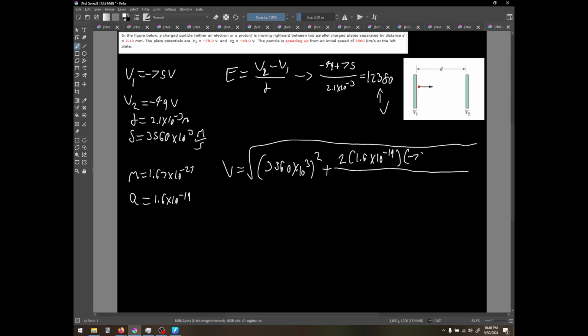Negative 75 plus 49 over 1.67 times 10 to the negative 27. Gosh dang, this thing is slow. But let's put this into the calculator before the calculator dies, hopefully.